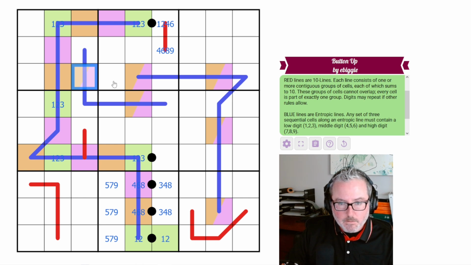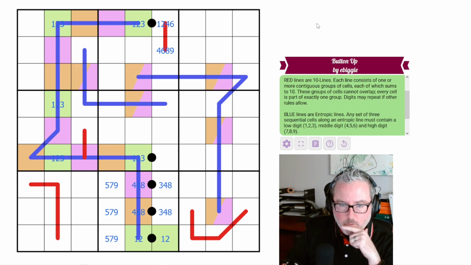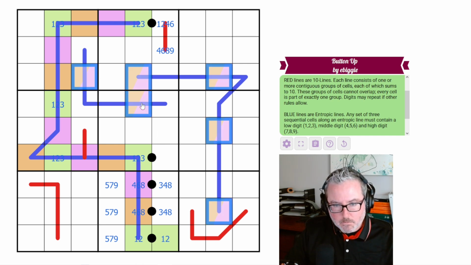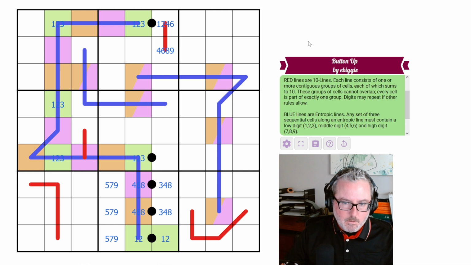Well, they can't all be orange, because we would have 4 oranges. That wouldn't work. But they could be all purple, or a combination of those two. I don't necessarily see how we can differentiate those two at the moment.